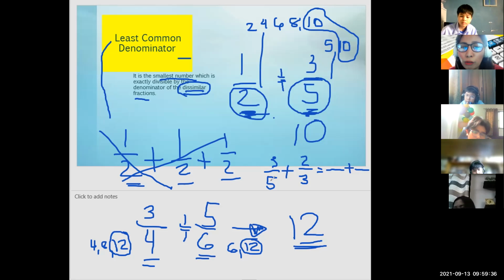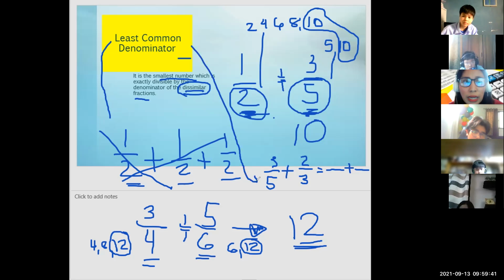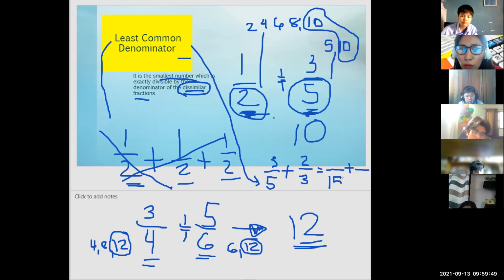Denominators of 5 and 3, what is the LCD? Yes, Nathan again. 15. Correct. Now we can proceed to addition since we already know the LCD of the 5 and 3 fractions given.